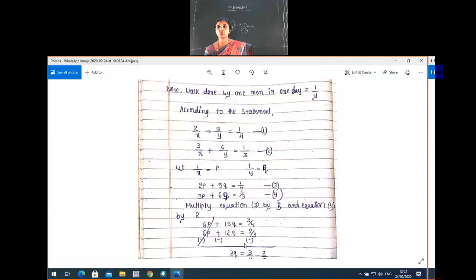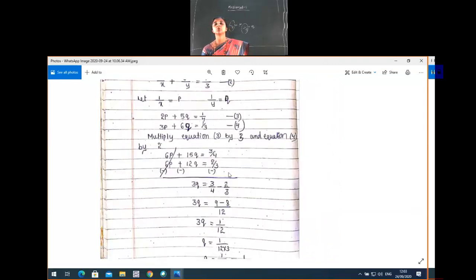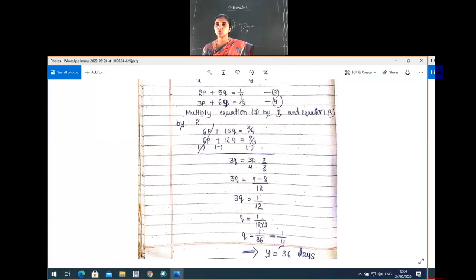Apply the sign change rule, then you get 3Q equal to 3 by 4 minus 2 by 3. Then 3Q equals 9 minus 8 divided by 12, so 3Q is equal to 1 by 12. Q is equal to 1 by 12 into 3, that is Q is equal to 1 by 36.